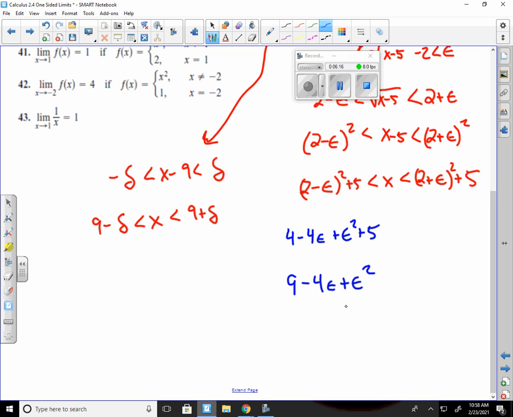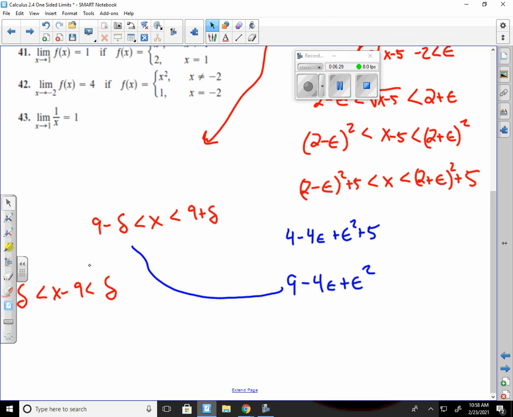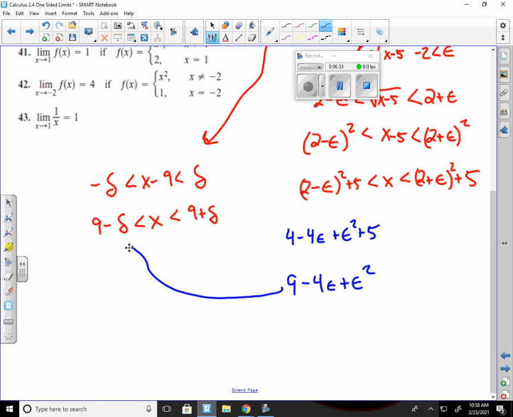And so now if I plug this in for my delta, when I plug this in for delta, I'm doing 9 minus 9.